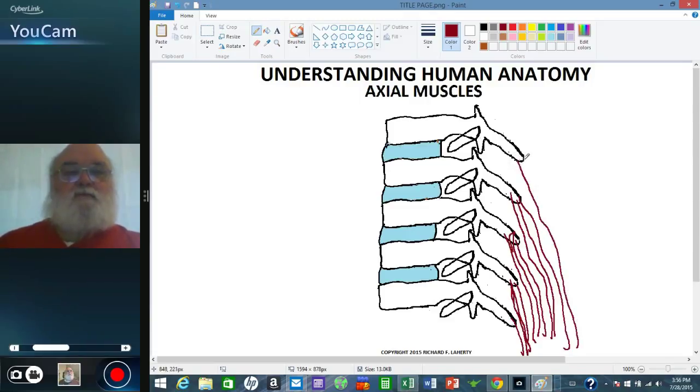But you see muscles running down the back. They're originating someplace below the spines of the vertebra, and then they are inserting onto the spines of the vertebra. They might insert onto the lamina of the vertebra and also onto the transverse processes of the vertebra.